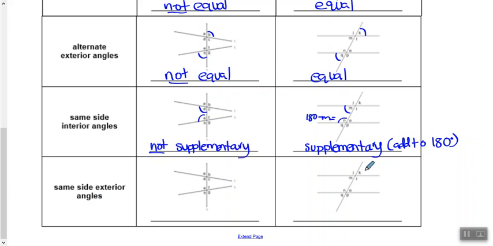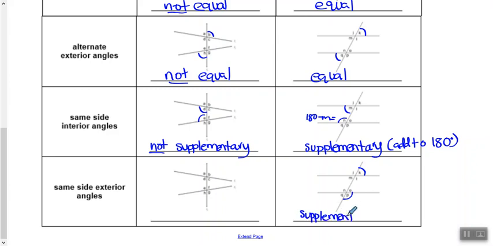And then same side exterior angles. Let's take a look at K and P, and it's going to be the same thing. I know from, for example, either corresponding angles or alternate exterior angles, that if I know K, then Q is going to be the same. So 180 minus Q is going to give me P, or 180 minus K is going to give me P. So these are going to be supplementary as well.